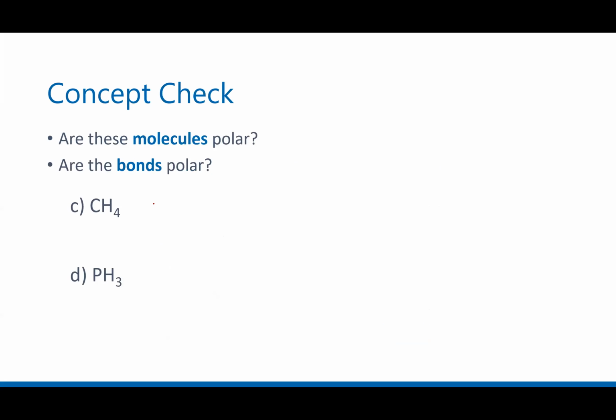All right, so I have a few examples here. Let me do 2 and maybe give you guys a minute to try 2. So the question says, are these molecules polar? Are the bonds polar? Well, let's see. First things first, I'm going to draw the Lewis dot diagrams for these molecules.